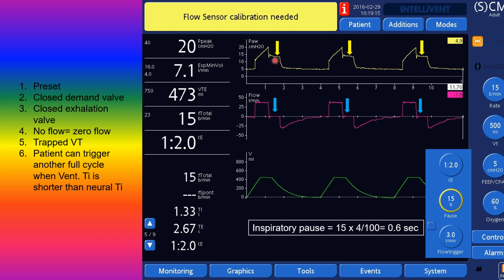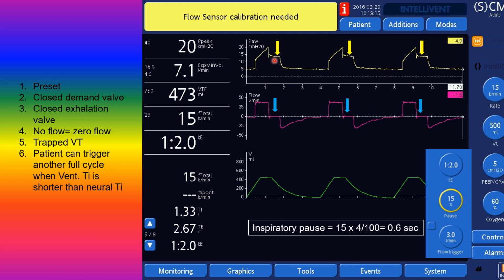Here, in this inspiratory pause, the demand valve is closed after the delivery of the preset tidal volume and remains closed till the end of this inspiratory pause, where the expiratory valve opens.